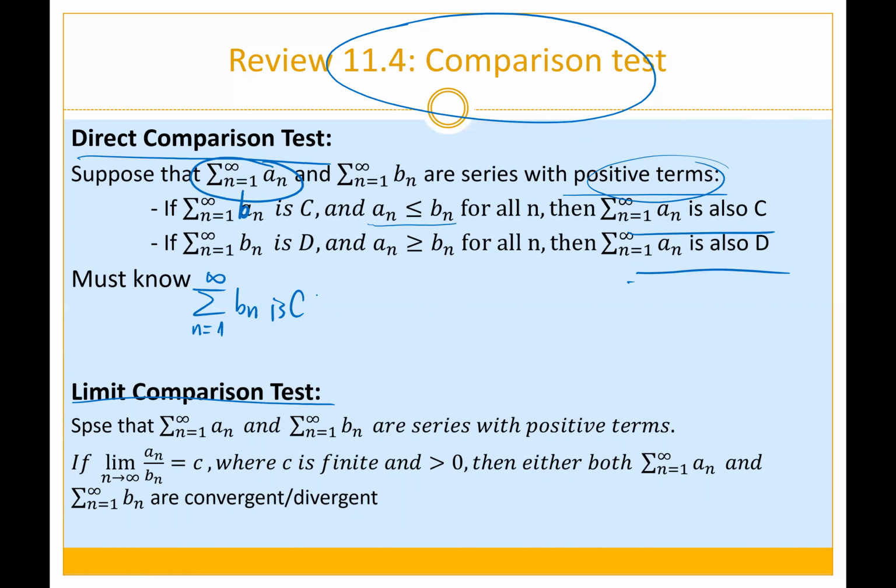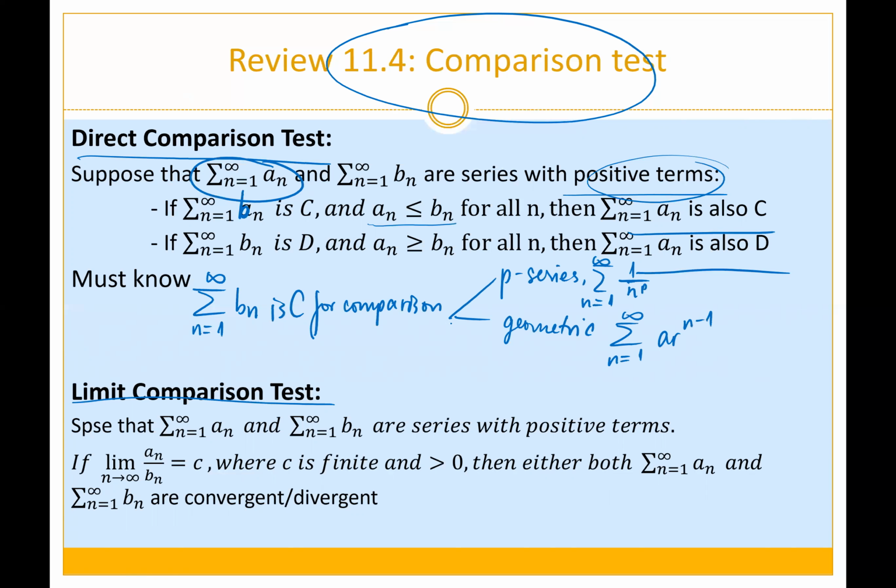So you have to choose a series that you know is divergent or convergent for comparison. And usually people are going to choose a p-series, like 1 over n to the p, or a geometric series, some of the common series that you already did a lot in the previous section, ar to the n minus 1, or a rational function.